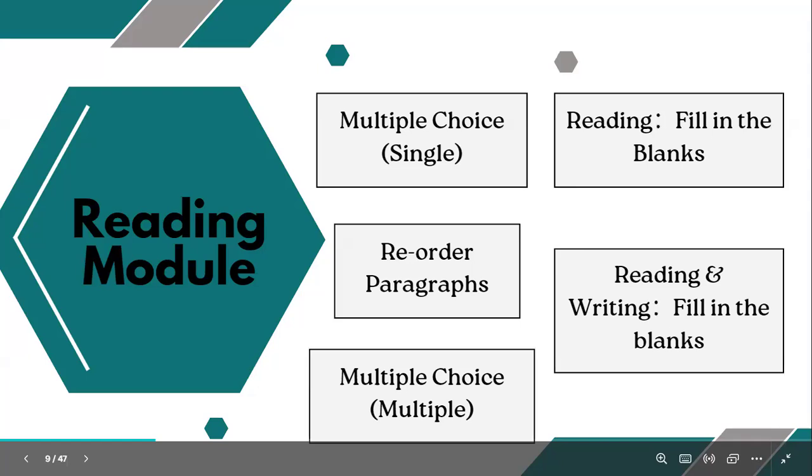Reading and writing blanks gives you score in reading and at the same time in writing, but reading blanks only gives you score in reading. So reading and writing blanks is a higher scoring question than reading blanks. In reading and writing blanks, you have a drop-down option. For one blank you will get 4 options and you have to choose the right one. Whereas in reading blanks, you have drag and drop.